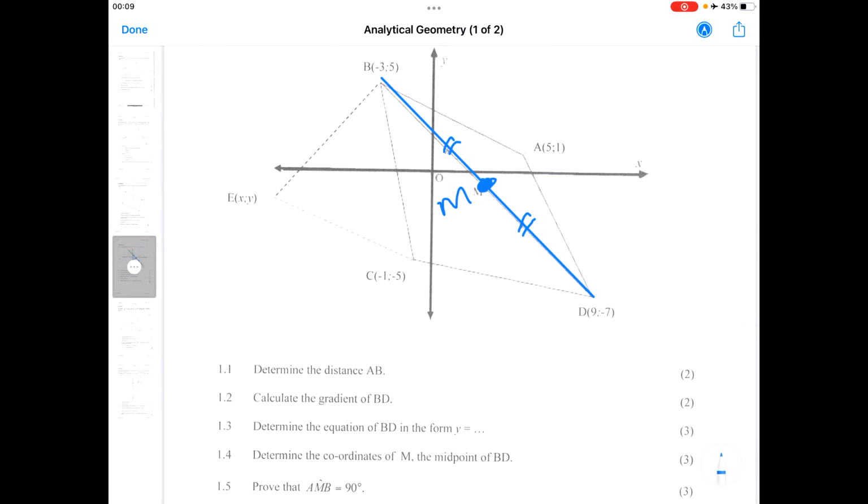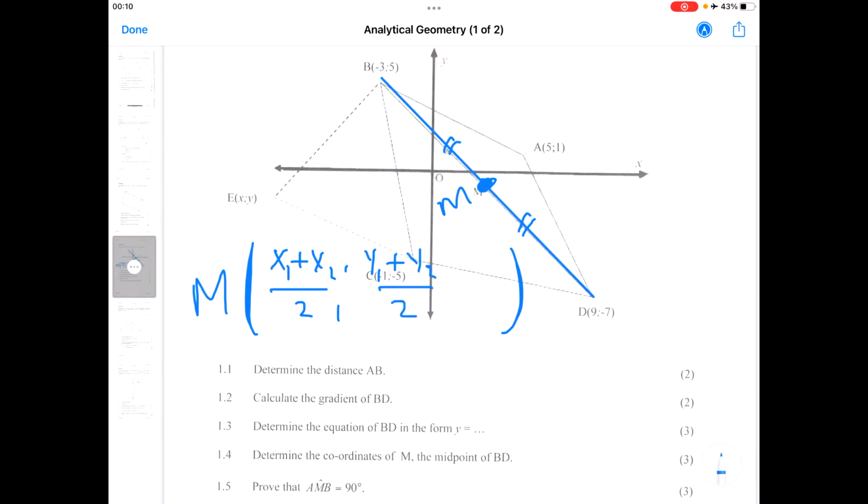Obviously, the midpoint formula, you can just say M because there you are actually looking for the midpoint. Then you can have your x1 that you plus with your x2, you divide it by 2. You do the same for the y values. Y1, you plus it with y2 divided by 2.